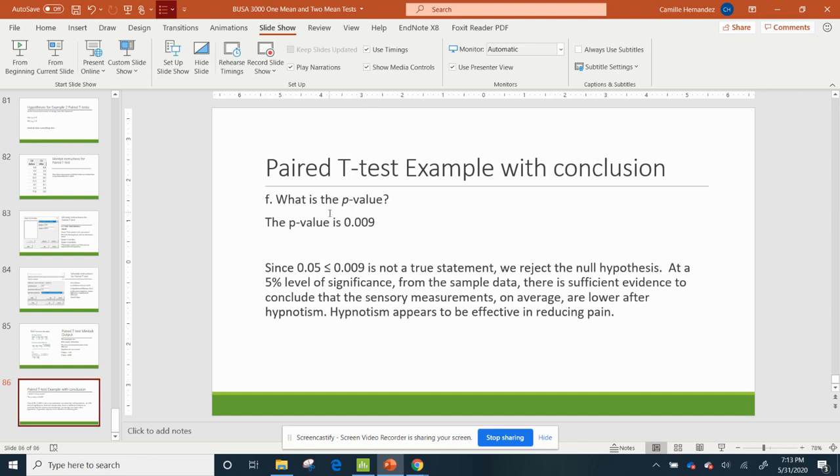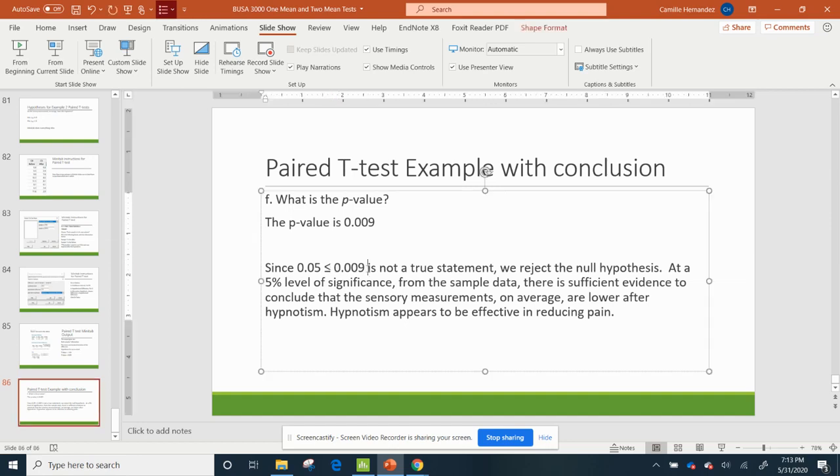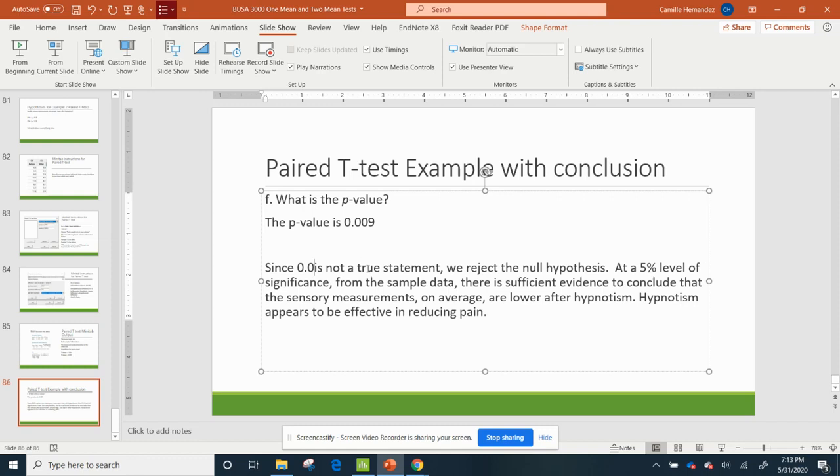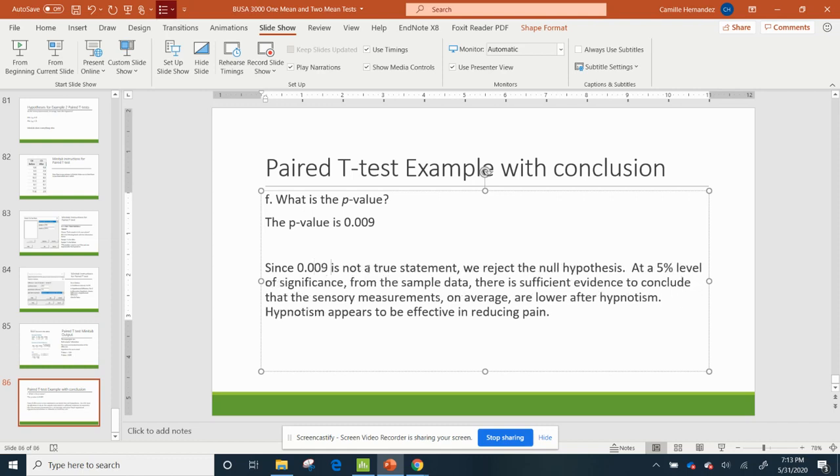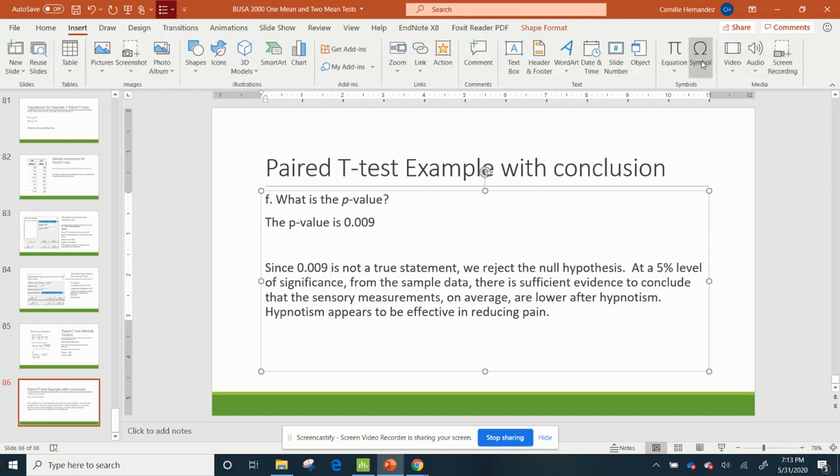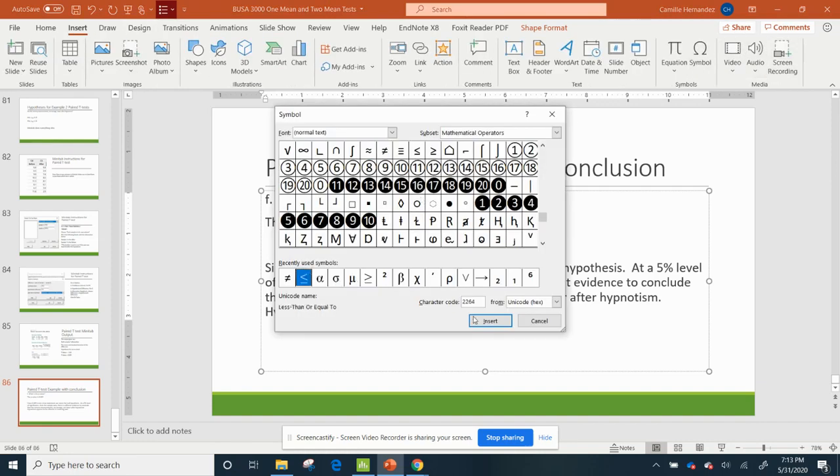So let's conclude it. My p-value is 0.009. So since 0.05 is less than or equal to 0.009, ooh, I messed that up really bad. It is less than or equal to, let me put this right. I don't know why I flipped that one, but I caught an error.